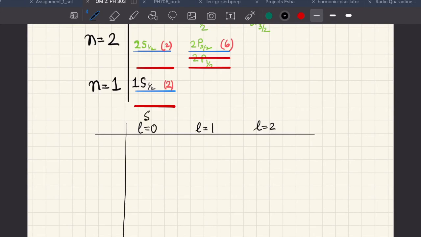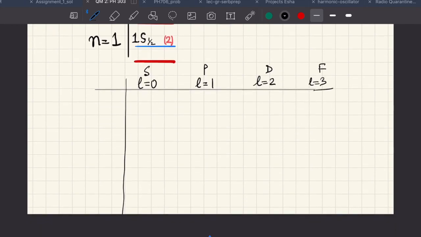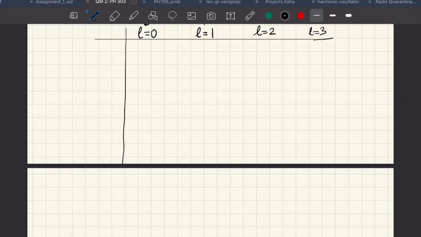That means this is S, this is P, this is D, and this is F, L equal to 3. And also my N is equal to 1, N is equal to 2. Let us restrict ourselves to only 3 values. It will be sufficient to understand from 3.